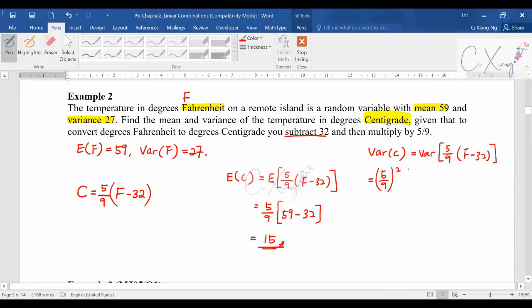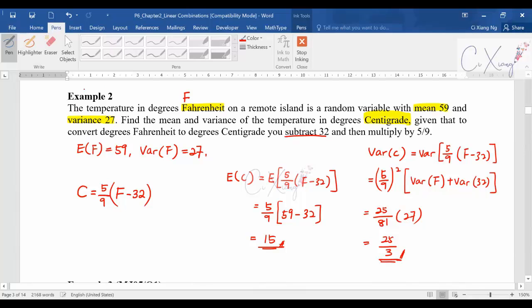Then you have Var(F) plus Var(32). Var(32) is 0, therefore ignore it. Then you just need to take 25 divided by 81, multiplied by the variance of F. What is the variance of F? It is given, which is 27. After that, you should get 25 over 3.